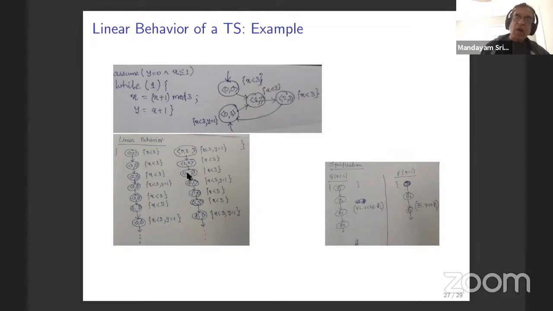We will also see how behaviors can be modeled. Next, I will introduce temporal logic, two kinds of temporal logic, to specify these constraints on these traces, or sets of traces, as a matter of fact.